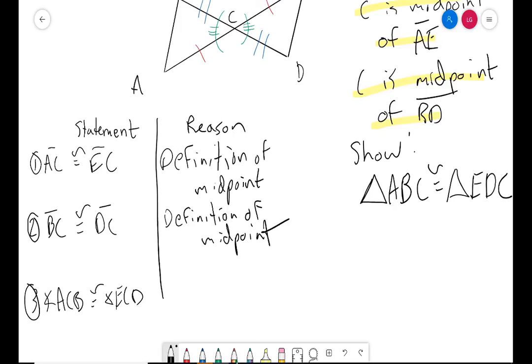Why? Vertical angles are congruent from earlier today. Or two angles supplementary to the same angle are congruent.